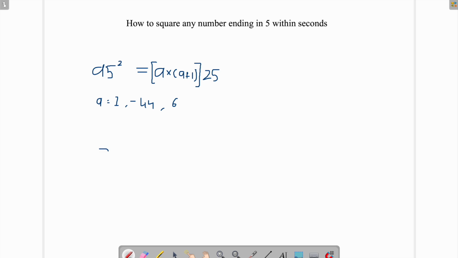Let's do 325 squared. Okay? That's a big number. If I saw someone, I wouldn't expect them to know how to do that in their head in a couple of seconds. But let's apply the formula. So we have 32, and then we times that by what's 32 plus 1? 33.